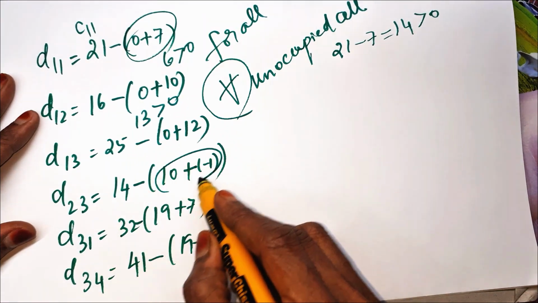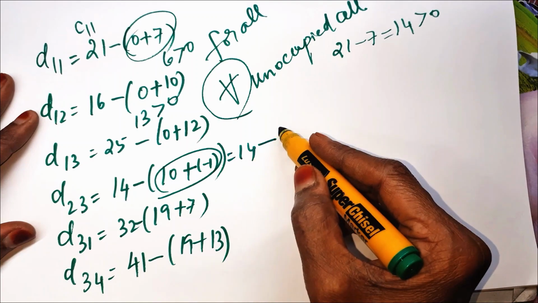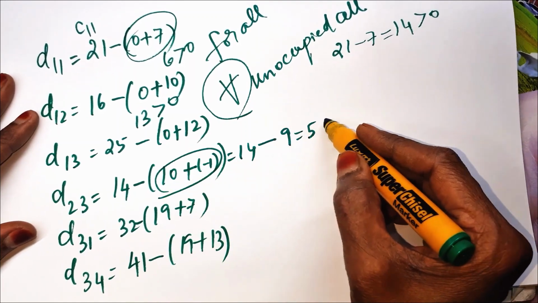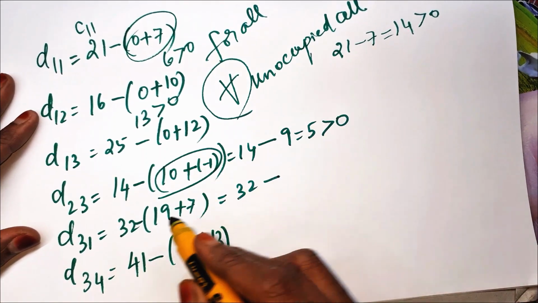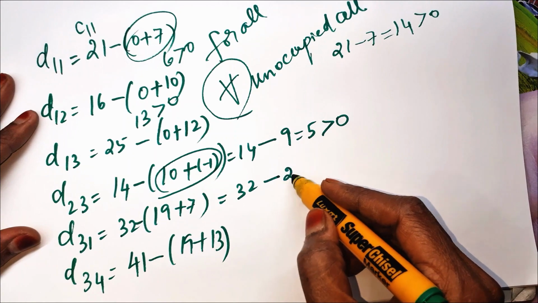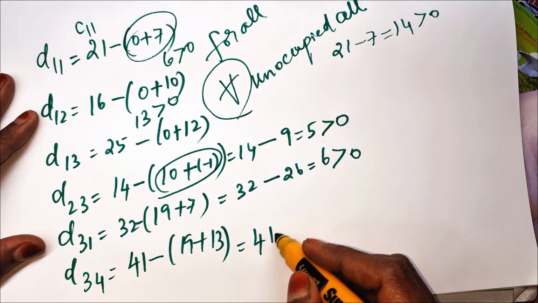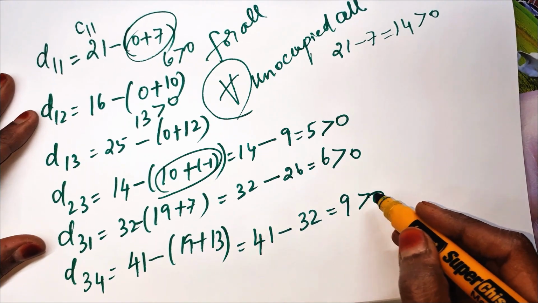For 14, 10 plus minus 1 is 9, so 14 minus 9 which is 5, greater than 0. 32 minus (19 plus 27 is 26)... so it is 6, greater than 0. And 41 minus 32, 9, which is greater than 0.